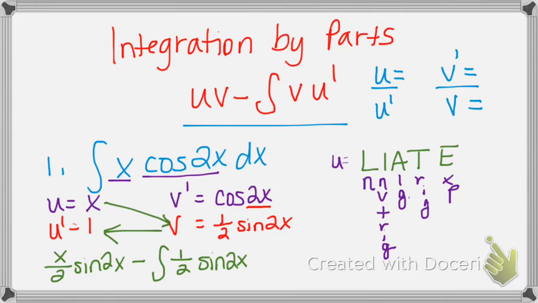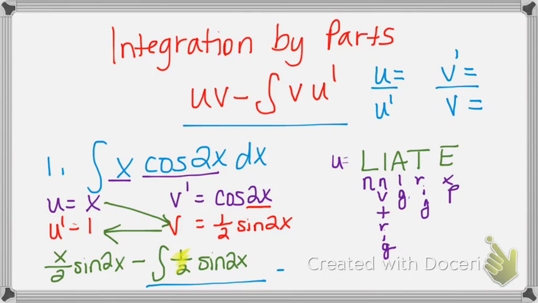Now, what happens when you do this uv minus vu prime thing is the second integral becomes easier to solve because the algebra has gone away. So now, if you want to take the 1/2 outside, you can, or just not think about that part right there. The integral of sine of 2x would be negative 1/2 cosine of 2x.